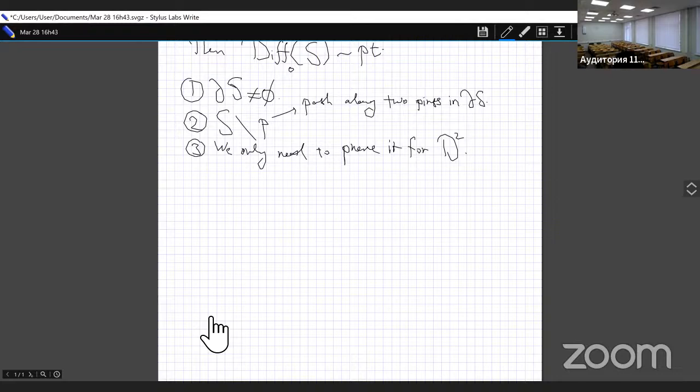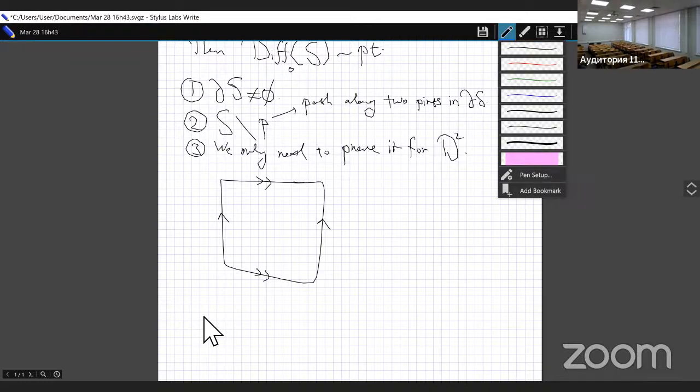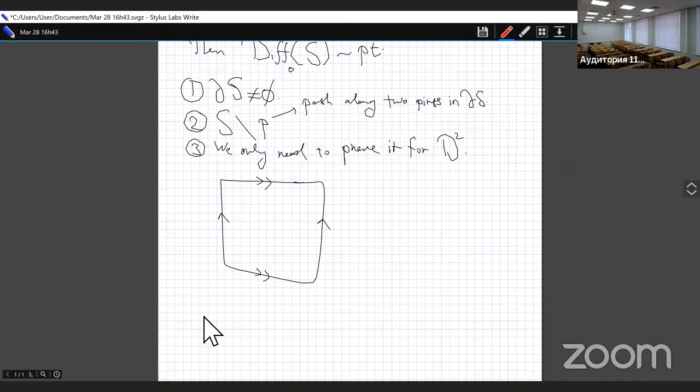That's why the second step tells us that we can only assume that it is this, because it can have more holes, but let's have some boundary components on it. Let's think that this part, the red part, is the boundary component.